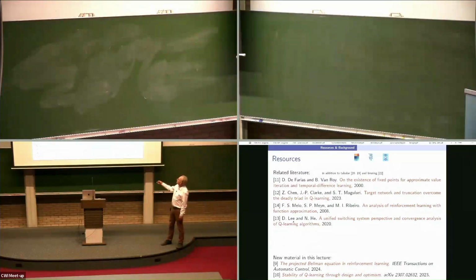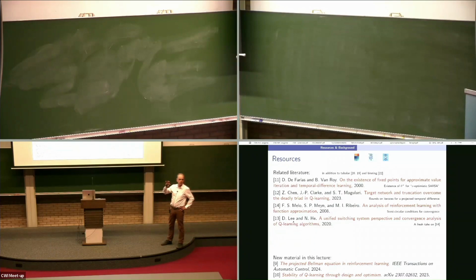But now there's this paper which I'm not proud of here with 2 Portuguese co-authors. It's like my 5th most cited paper, but I don't recommend it. And then this is another paper which is related to this. I'll talk about this at the end. It's basically showing the existence of a solution to the projected Bellman equation, sort of.